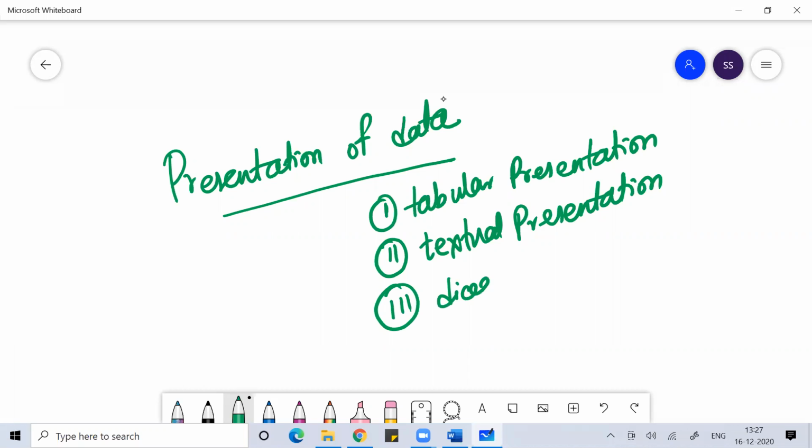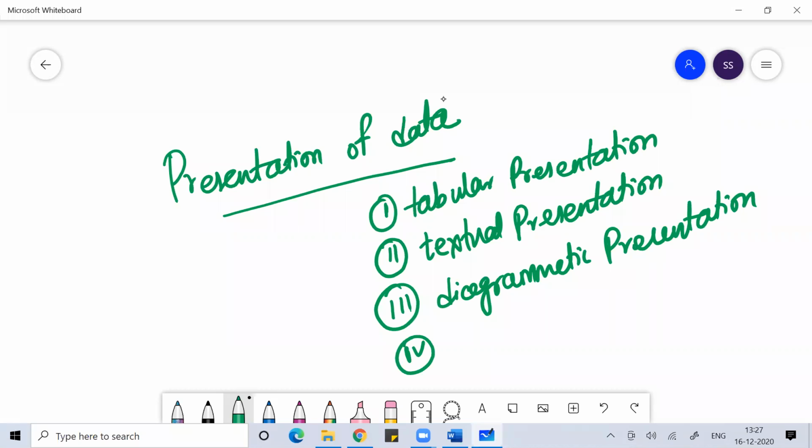Then the third part is called diagrammatic presentation of data. The next part we need to discuss is the diagrammatic presentation of data, and after that we'll discuss the graphical presentation of data.